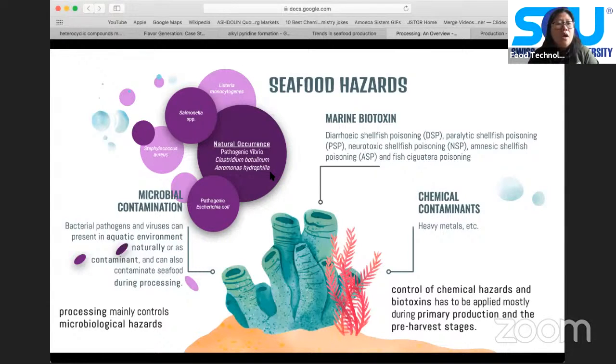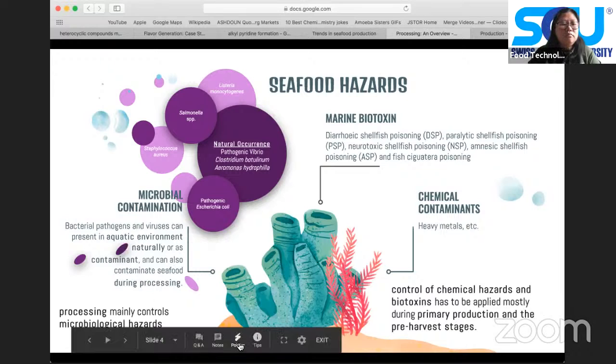Then some contaminants that may come from the environment are pathogenic Escherichia coli and also Salmonella species. During processing, microbial contamination may also occur, such as Staphylococcus aureus and Listeria monocytogenes.